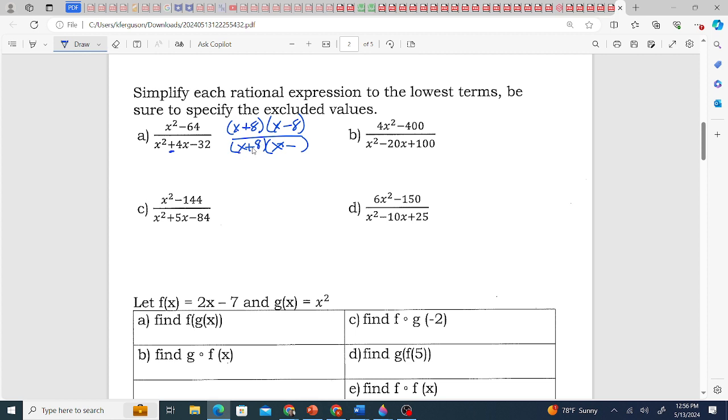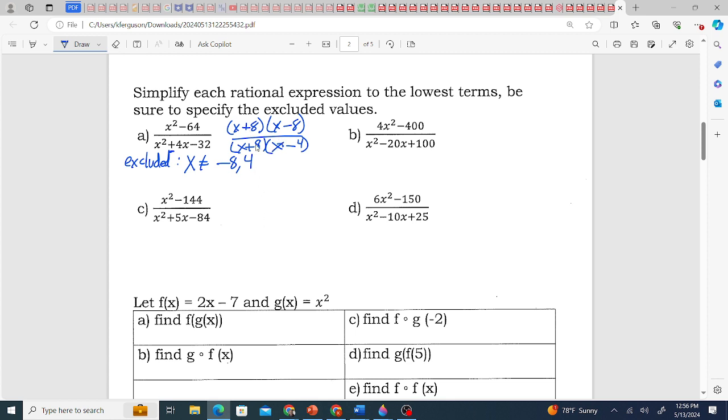So that's x plus 8 and x minus 4. Sorry, I messed up. Now that I've got that, what are my excluded values? What can x not equal? Positive 4 and negative 8, because they give you 0 in the denominator.